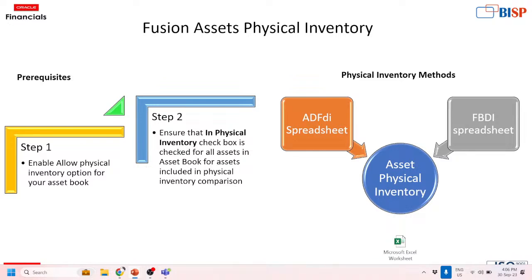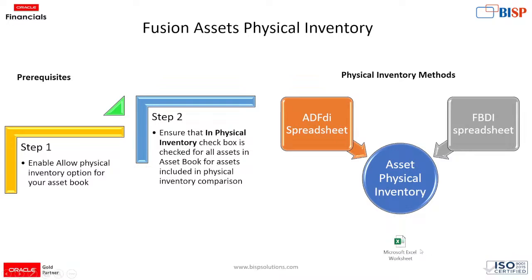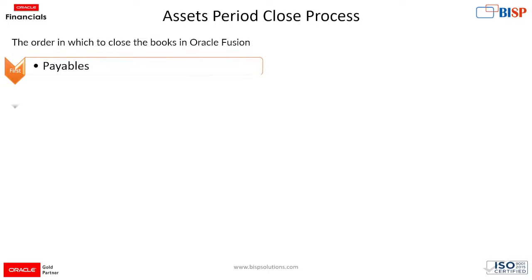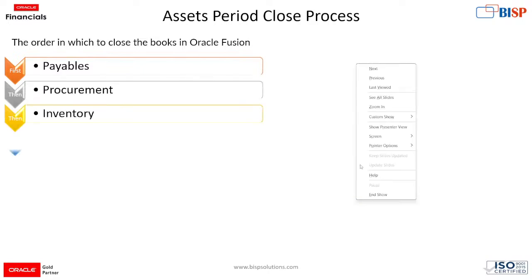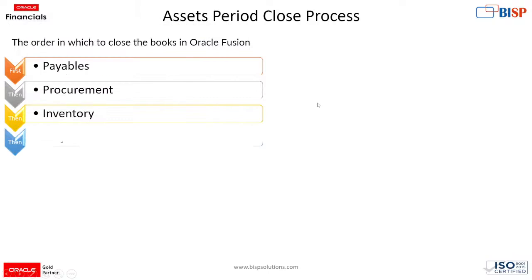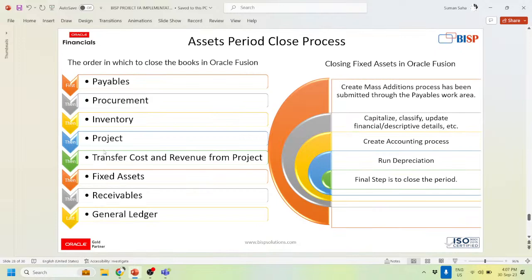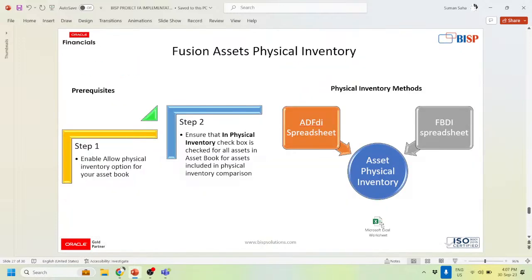So let us now see the PI, the physical inventory done by the business user, who has provided that particular file. Let me open that particular file.